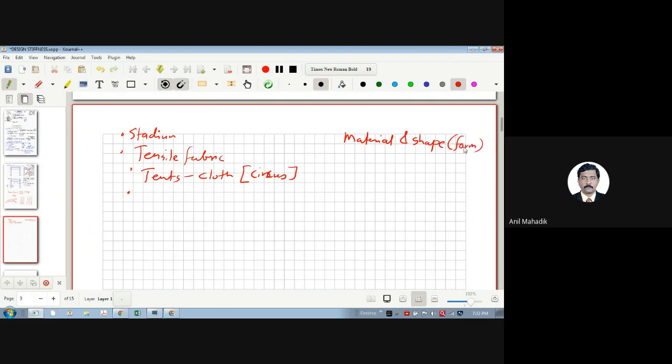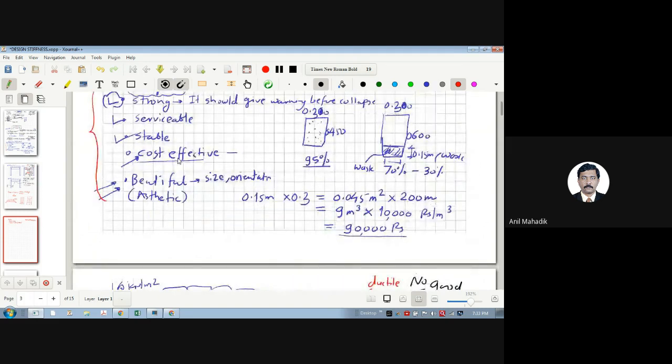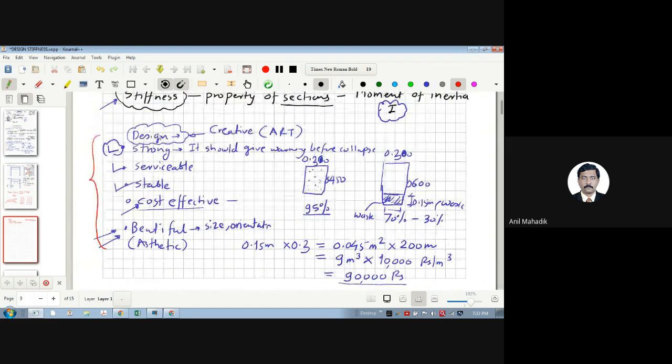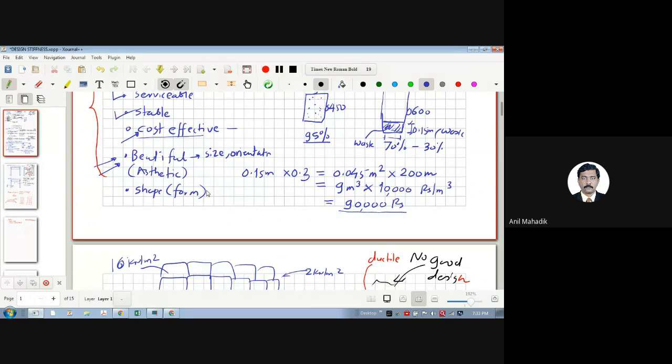So this word is very important because form has some peculiarity. In design also, this is one of the important parameters I would like to put into this point. So beautiful, cost effective. The shape or form which you are taking into consideration should be selected such that naturally it will take the load.